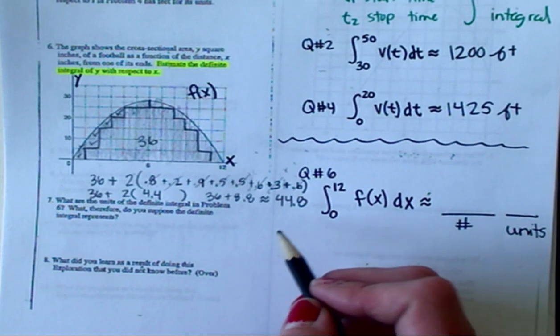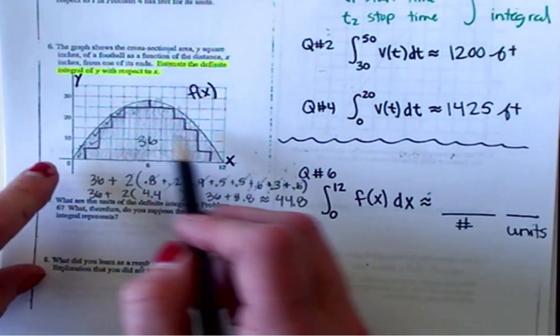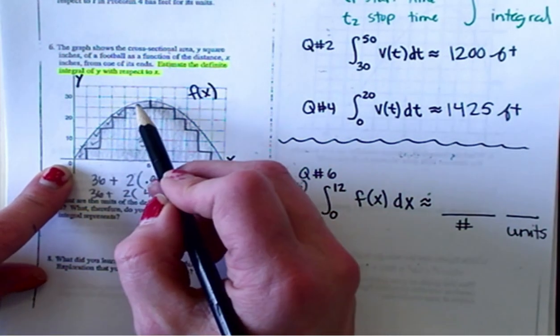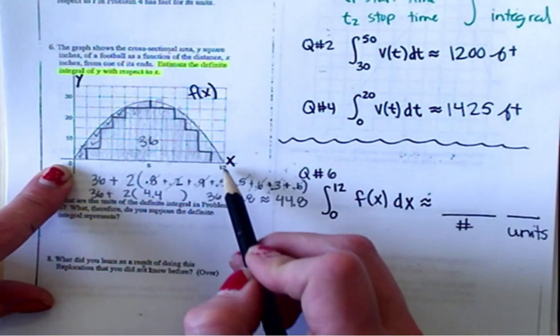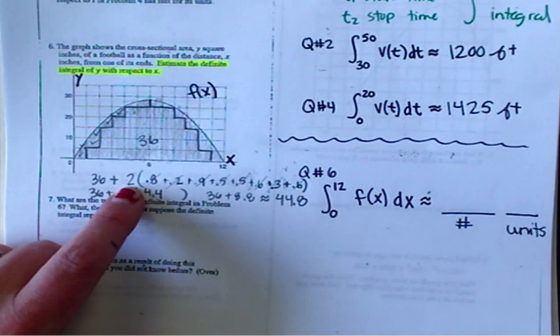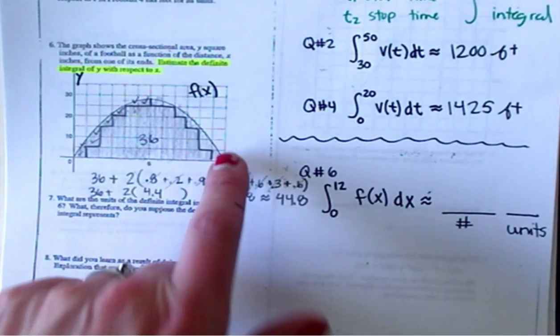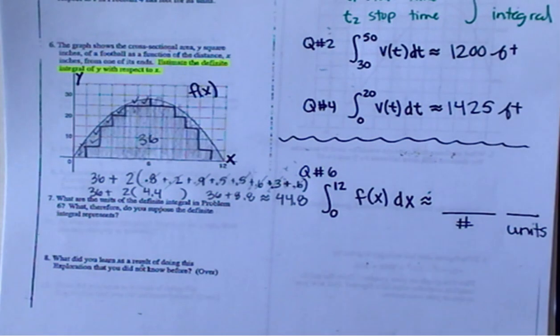You had a lot more partial squares to estimate here. Now, I just assumed this was symmetric, and I only counted up half of it, and I assumed the other side was exactly the same. Maybe I'm right, maybe I'm wrong, but that's what I assumed. You can see by me putting the times 2, and I'm only check marking half the squares, I just assumed the other half was the same.